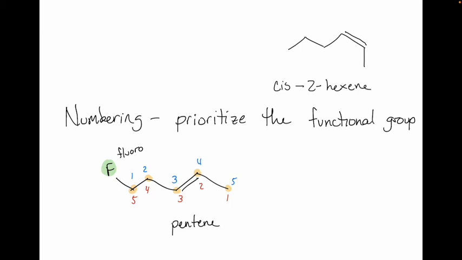Which would be the blue one, because that would put the fluoro at carbon 1. But instead, because we have this functional group in there, we're going to prioritize that double bond, meaning we're going to completely ignore the fluorine and pick whichever numbering scheme gives that double bond the lowest possible number. Okay? So we have to prioritize our functional group when we number. So in this case, it would actually be the red numbering scheme.